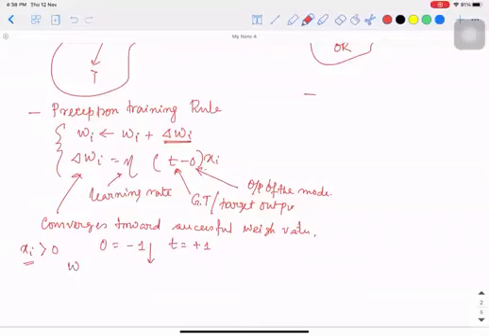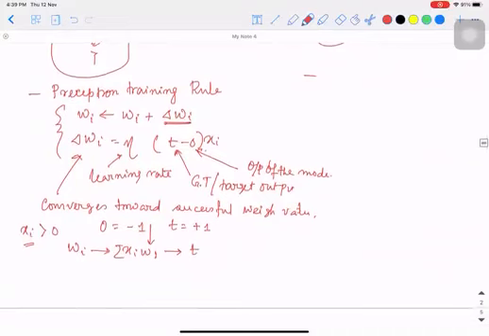If you increase wi, xi wi could come close to t. If you look at the training rule, t minus o, t is +1 and o is -1, so it is +2, multiplied by xi positive.